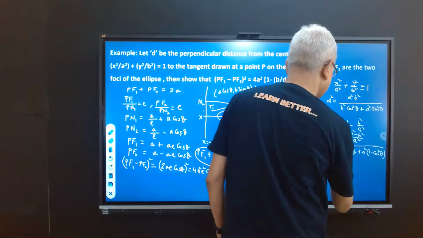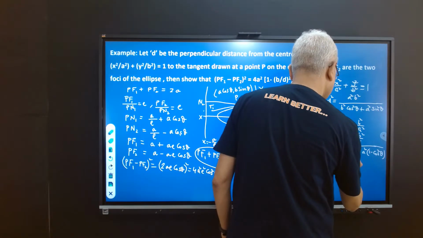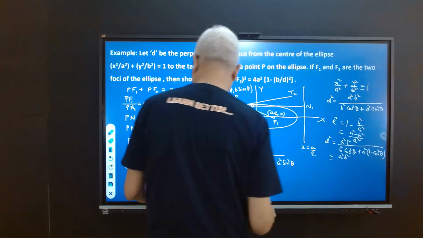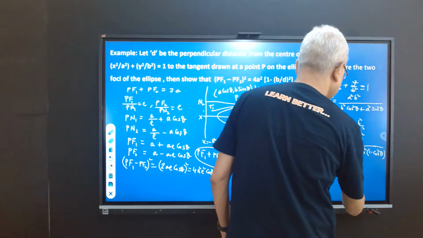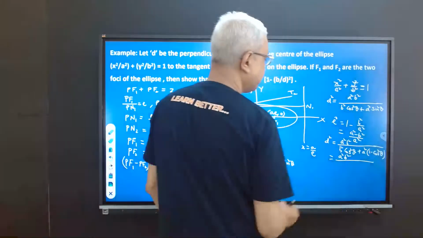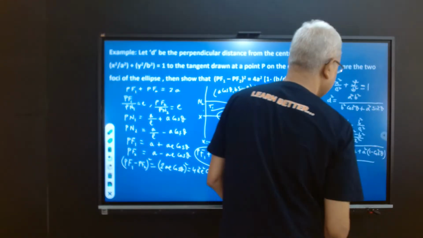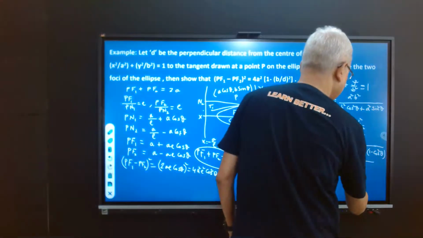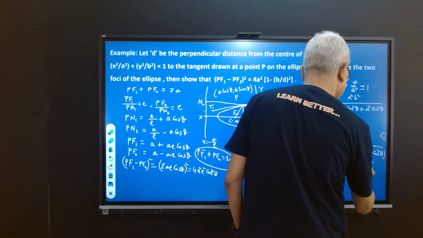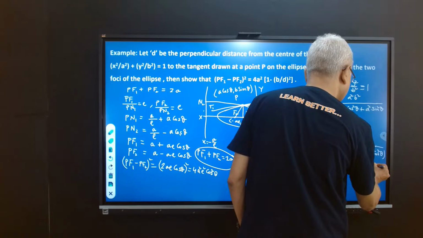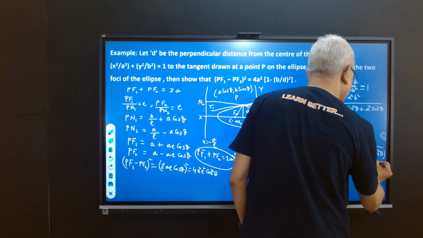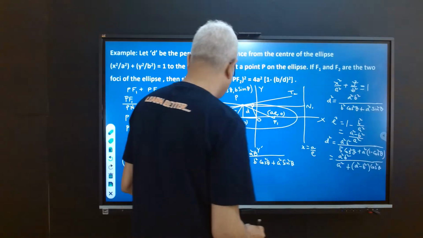So it is a square b square divided by a square plus (a square minus b square) cos square theta. I can write like this.